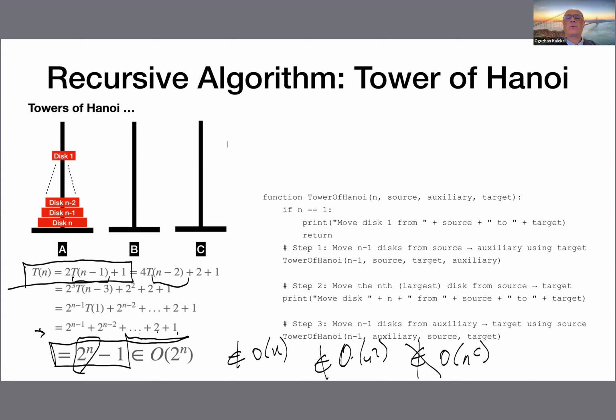This is not possible. This is something exponential and requires exponential steps. In other words, this is a member of the exponential big O set, O(2 to the n).